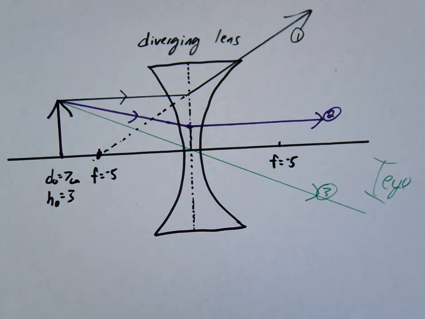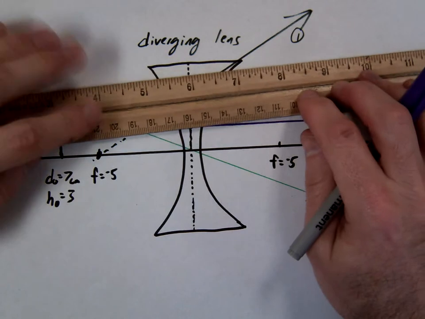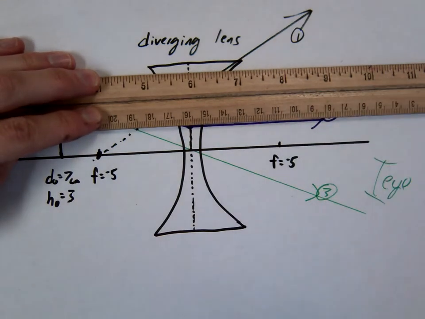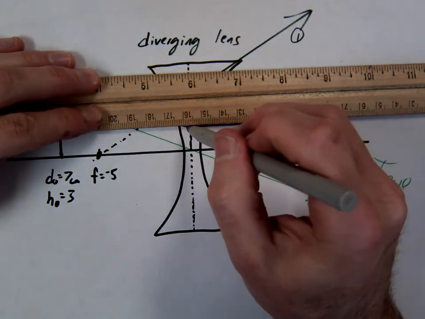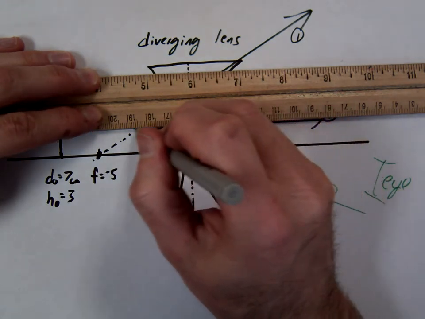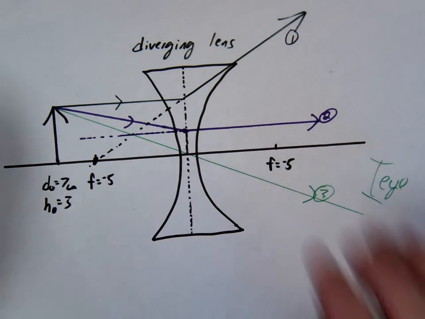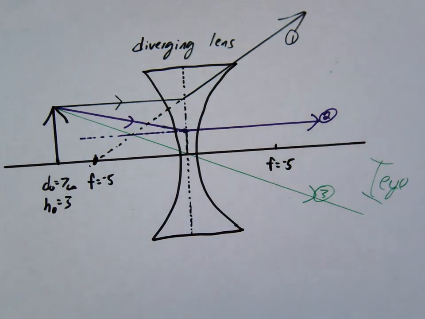I'm going to use dotted lines signifying that it's being projected back. Beam number 2 was the parallel beam. Okay, we're going to project that one back. Beam number 3, honestly, you don't have to do anything with beam 3 because it's already been drawn.